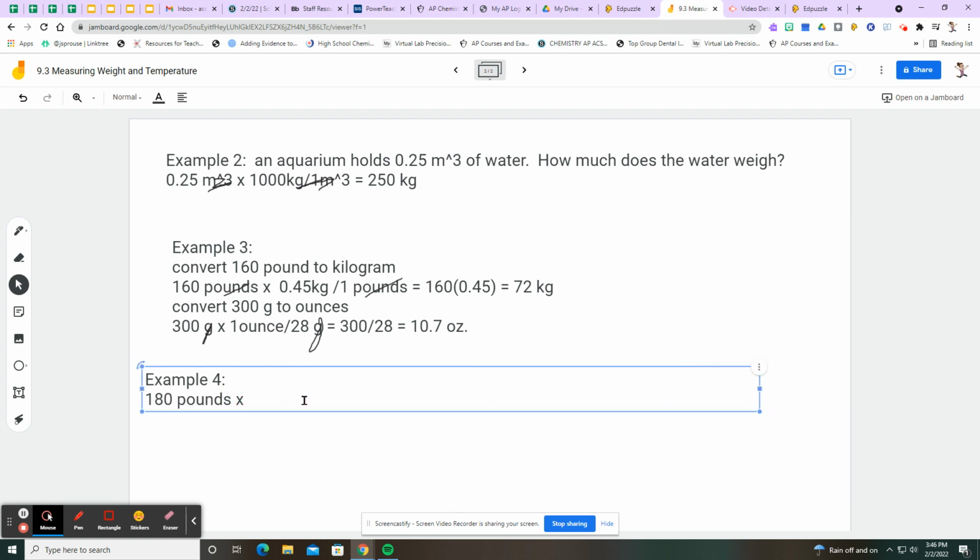This is on page 605 in the textbook. So 180 pounds, and I look in my table. I'm going to have 0.45 kilograms over 1 pound.